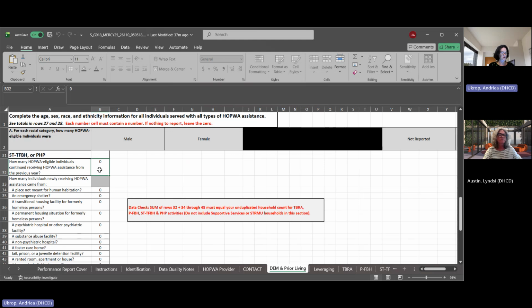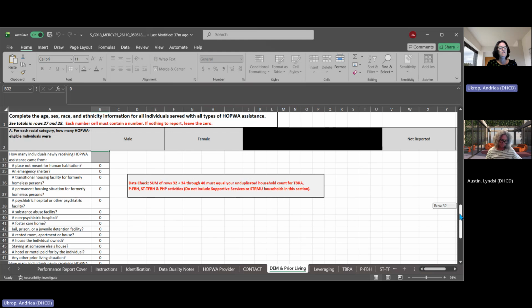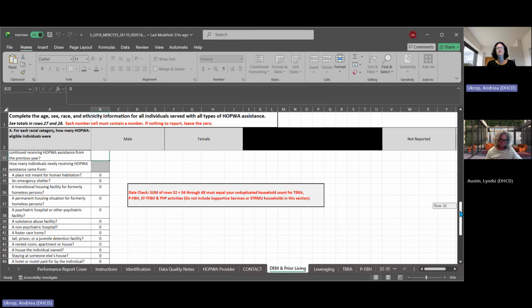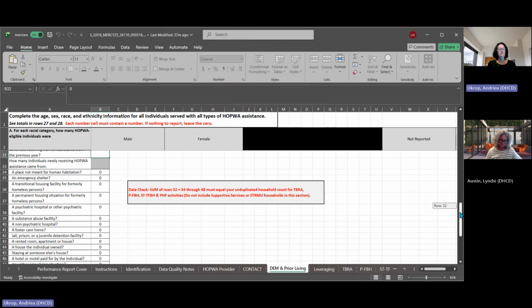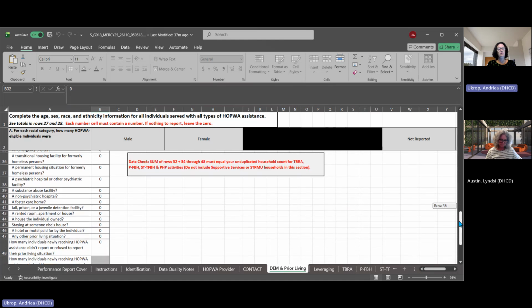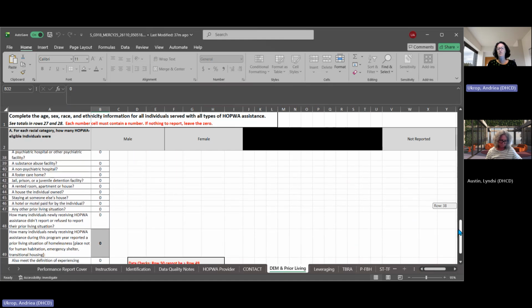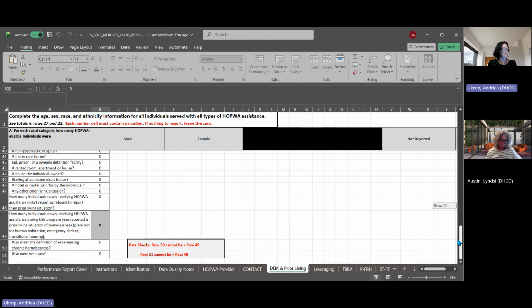in row 32. In rows 34 through 48, you are going to record the number of clients who exited during the FY26 fiscal year, and you will record those according to their outcomes. Additionally, in row 49, this will be pre-populated.